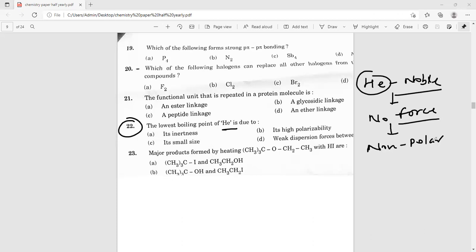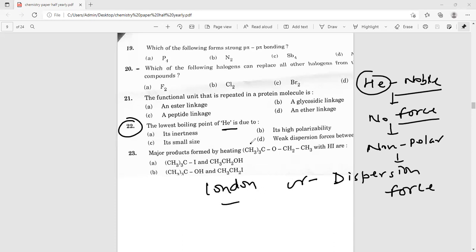Only one force exists between non-polar molecules, and that is dispersion force. This is the weakest force. Dispersion force or London force is there. So answer is D. Clear?